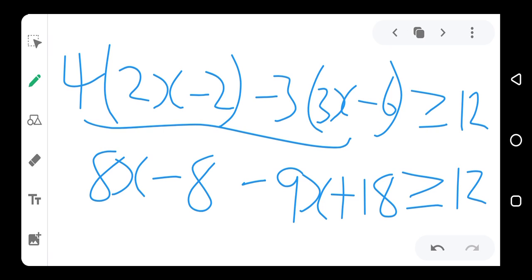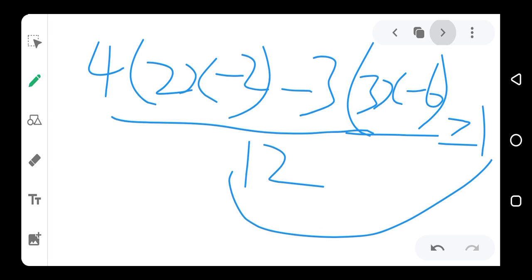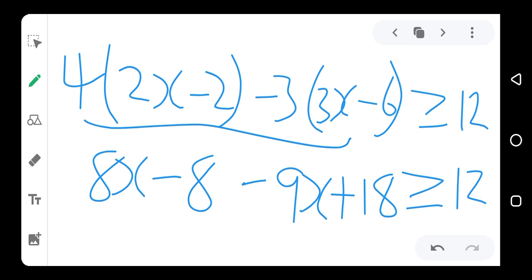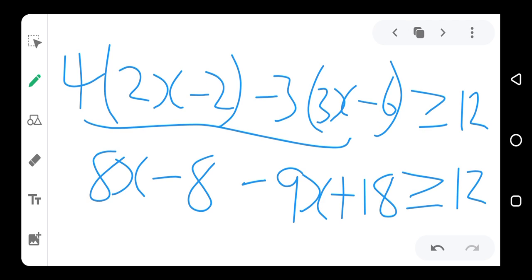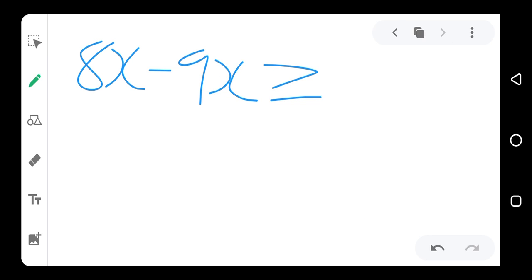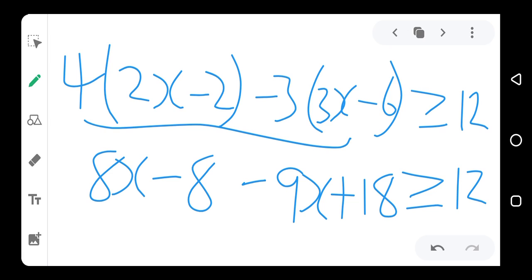We have 8x minus 9x is greater than or equal to 12 plus 8.